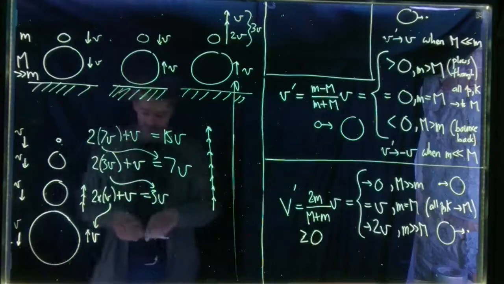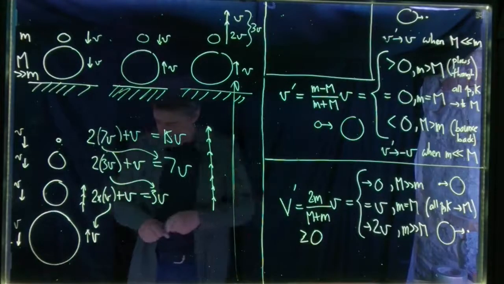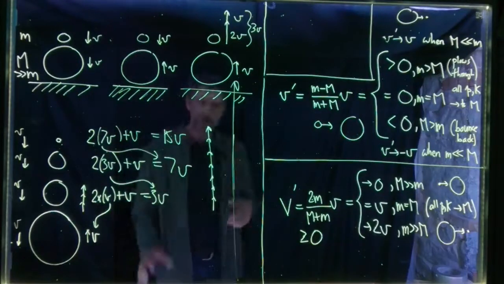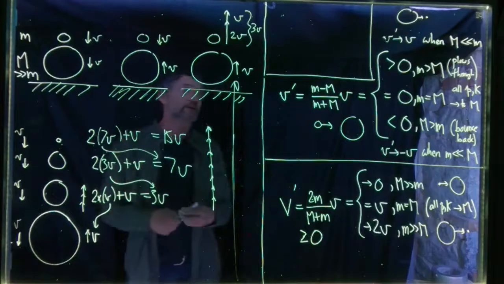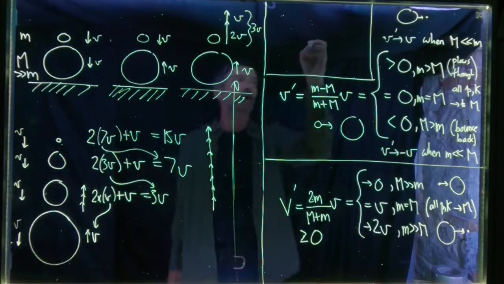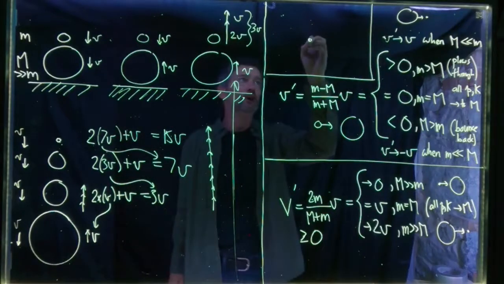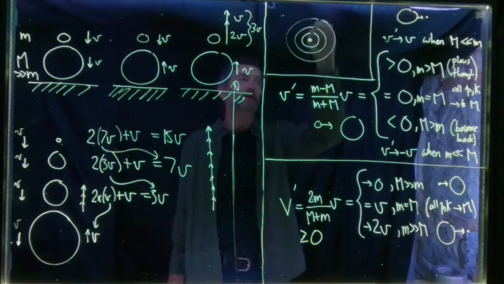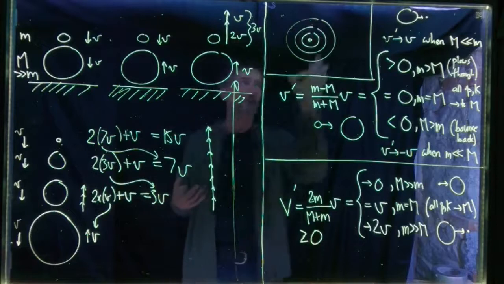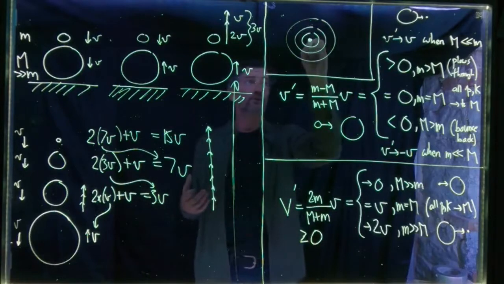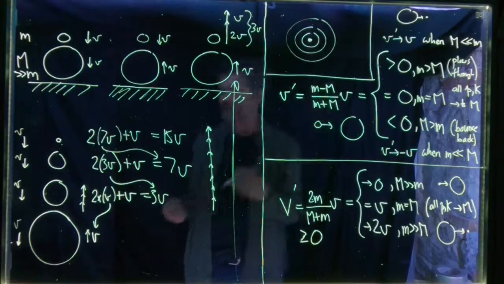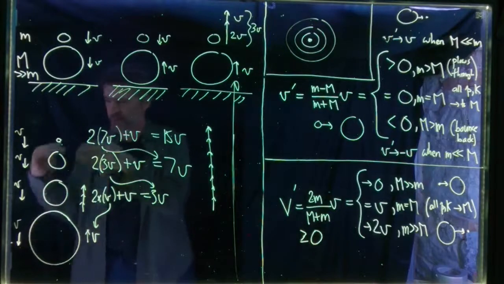Now, why is this interesting in the real world? Well, it's interesting because supernova explosions are like this. You have a core, and you have shells of mass, like this. These shells of mass are more dense closer to the core, and then less and less dense. It's kind of like large mass, smaller mass, smaller mass, smaller mass.